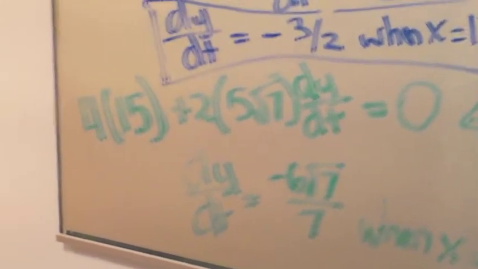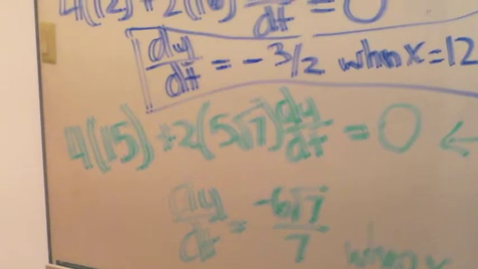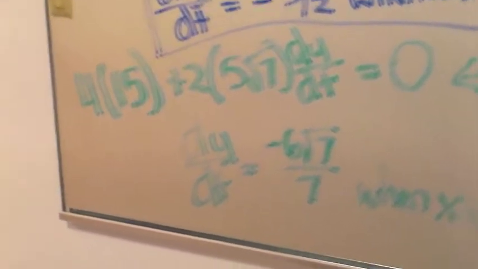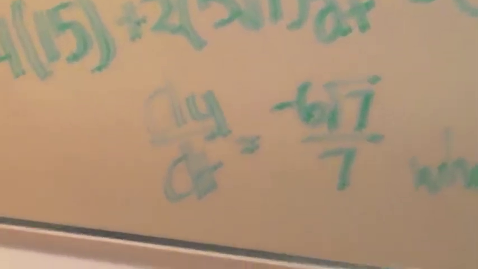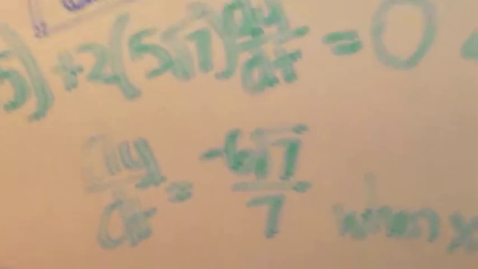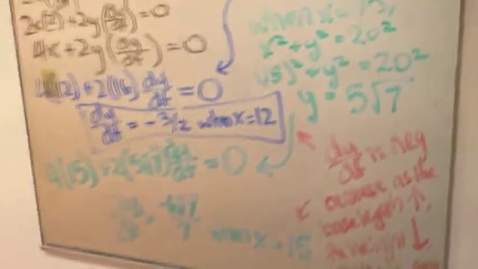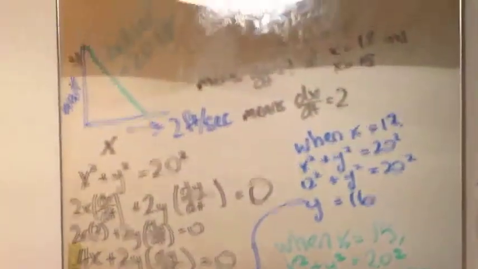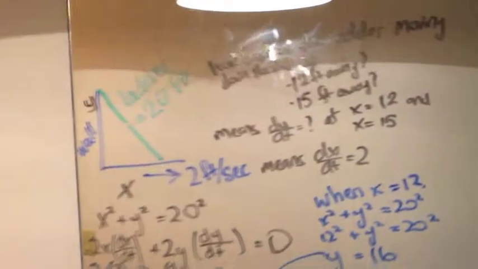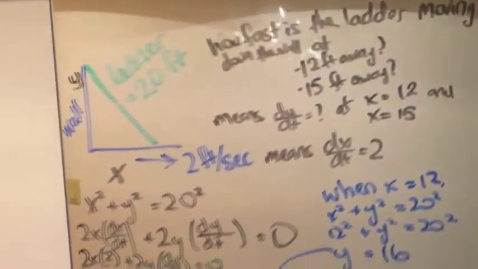If you solve for dy dt using a calculator, you can see that dy dt equals negative 6 square root of 7 over 7 when x equals 15. So now we solved the problem, and we know what dy dt equals at different x values.